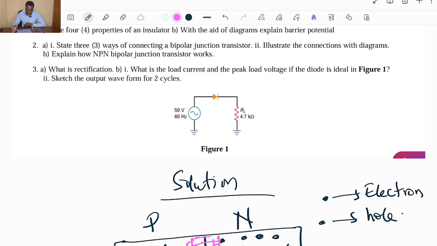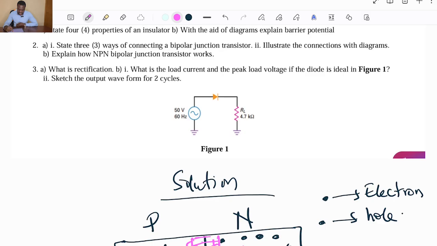So I'm not going to solve this one. Then we have 2B: explain how an NPN bipolar junction transistor works. The same question is also there. So you go and watch the video on the explanation of NPN bipolar junction transistors.